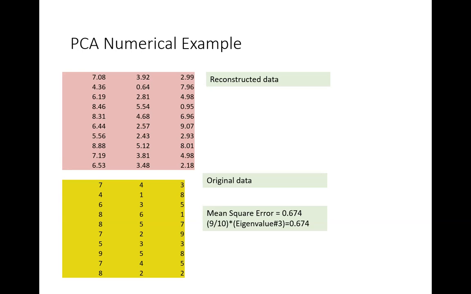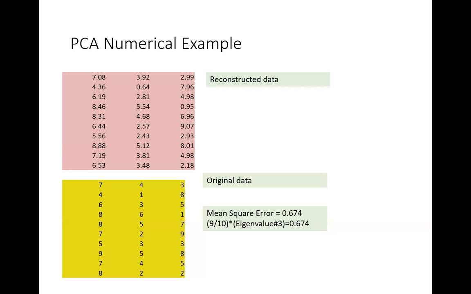In some cases, people write 1 divided by capital N, and in some cases, 1 divided by capital N minus 1. When N is very large, it doesn't matter whether you have 1 by N or 1 by N minus 1. But when capital N, the number of samples, is not very large, whether you use 1 by N or 1 by N minus 1 can make a difference.